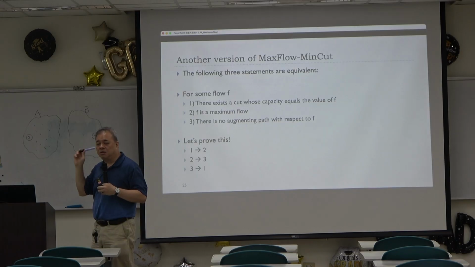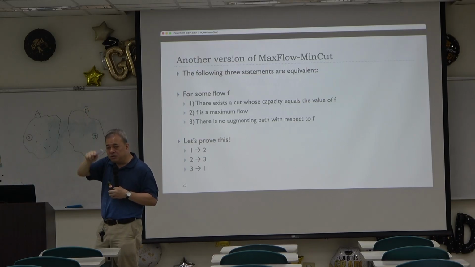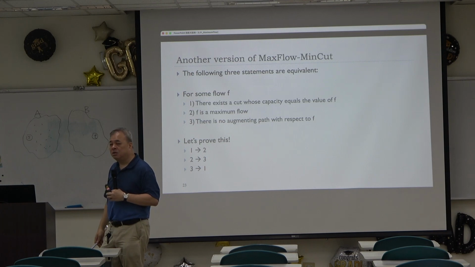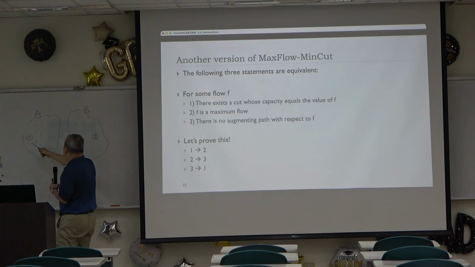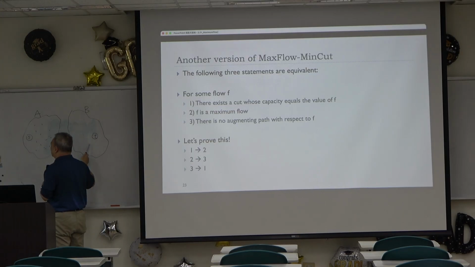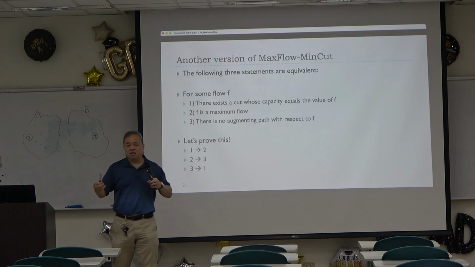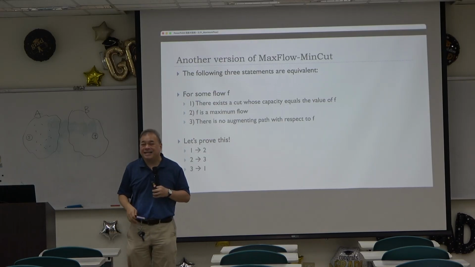Remember, we are assuming 3, we want to prove 1. So 3 tells us there's no augmenting path available. So if you try to go from S, you cannot reach T. If you can reach T, you have an augmenting path, then this statement 3 is not valid.